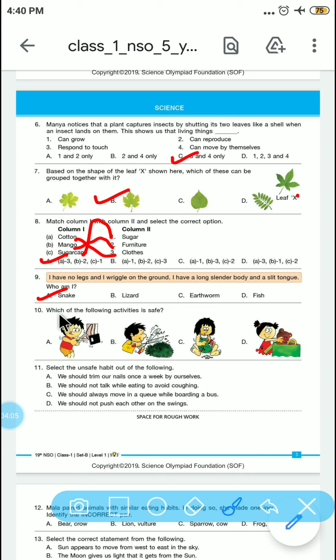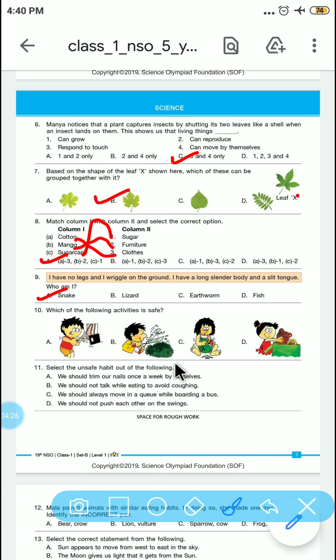Okay, which of the following activities is safe? Look here what the kids are doing. Like this small kid is using the scissors without the guidance of any elder one. So is it safe?